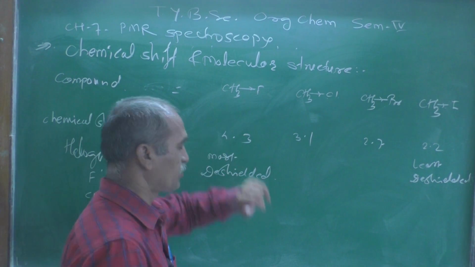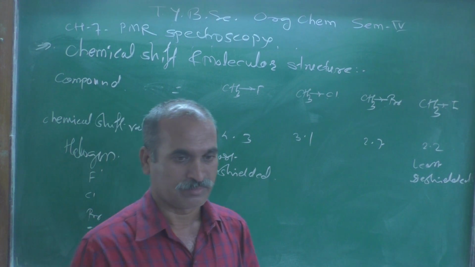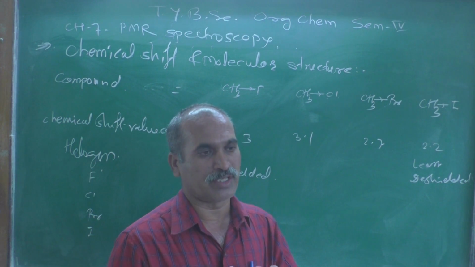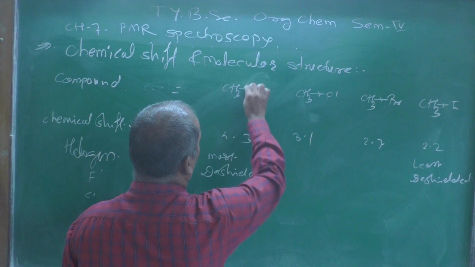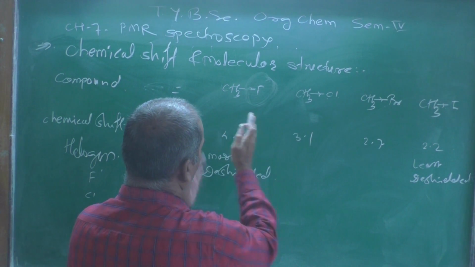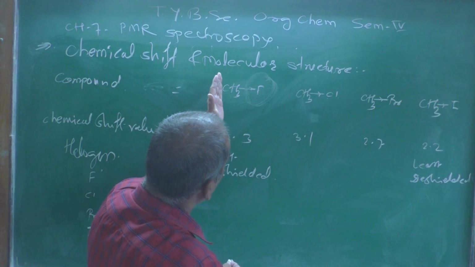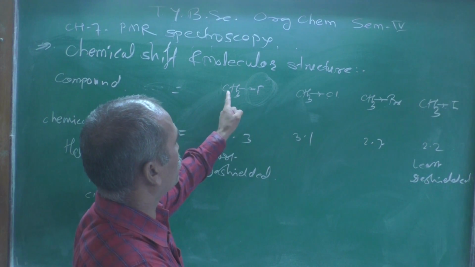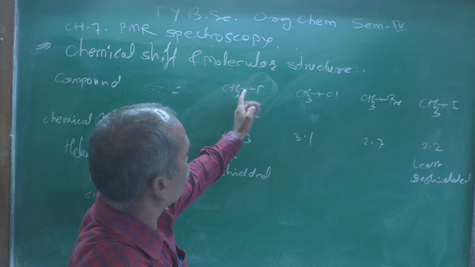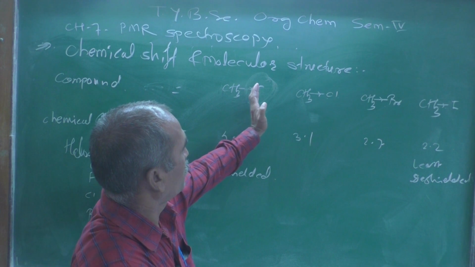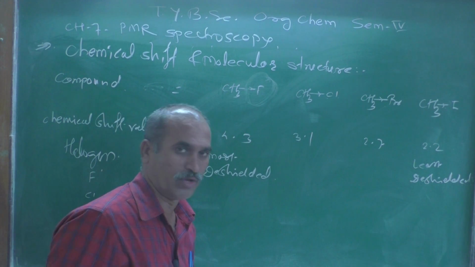When fluorine is attached to the carbon atom, it pulls the electron density around it, and therefore the electron density on that carbon atom goes toward the fluorine atom.